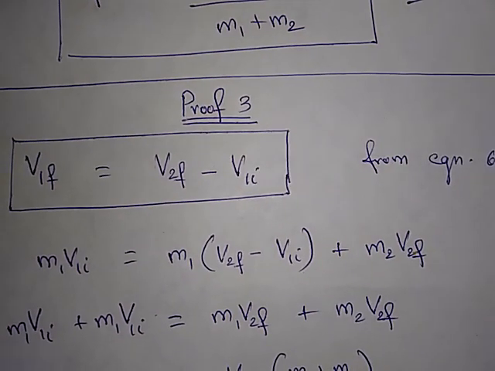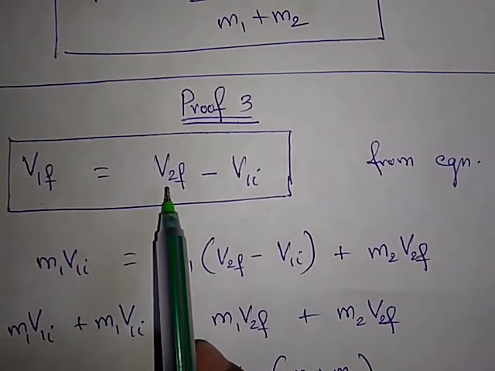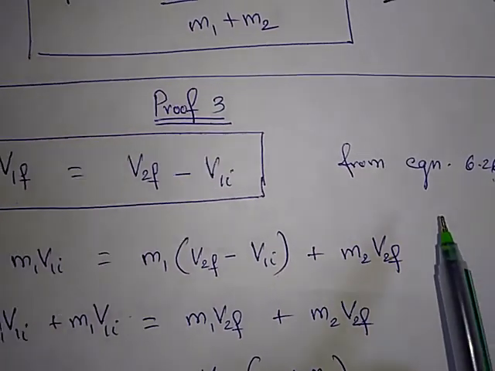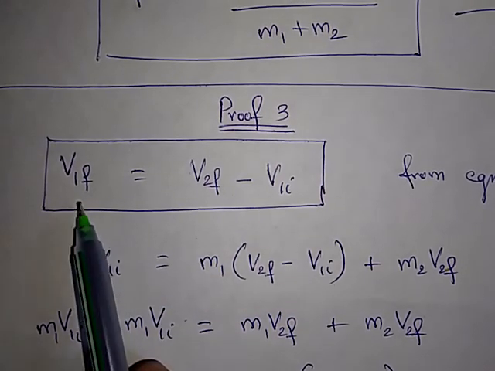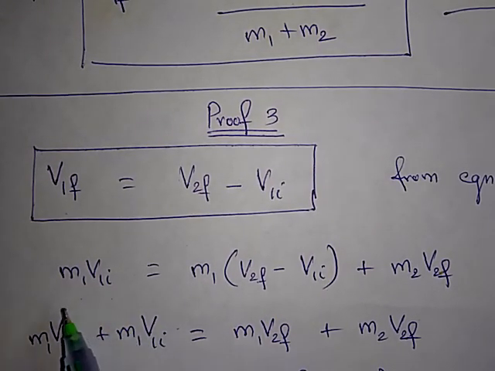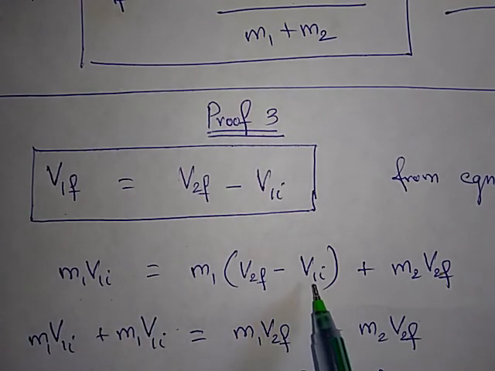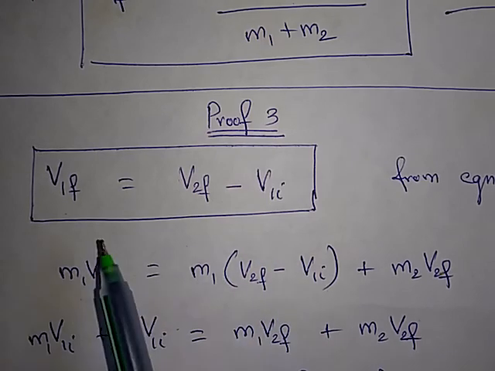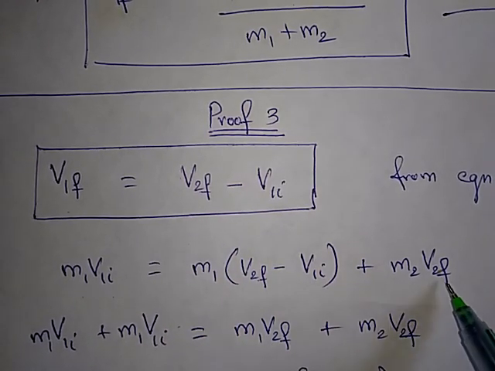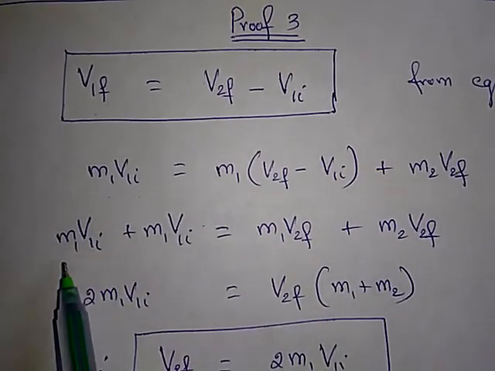And the proof for the second equation: we know that V1F is equal to V2F minus V1I. This is from equation 6.26. So we have the relation M1 V1I is equal to M1 times V2F minus V1I, in the place of V1F we substitute this value, plus M2 V2F. This is basically a momentum equation.